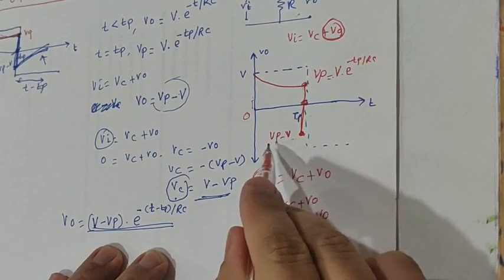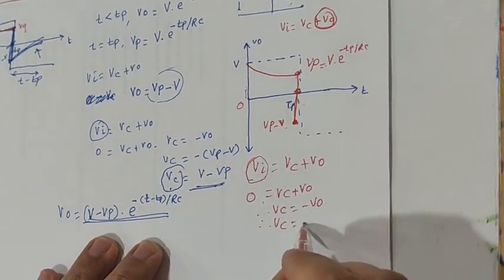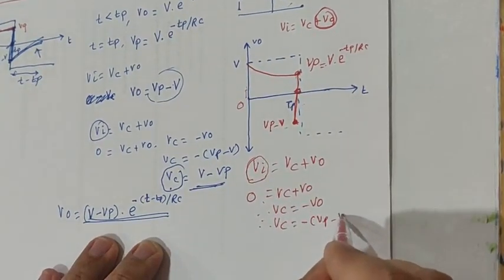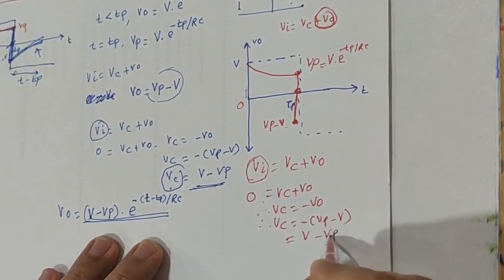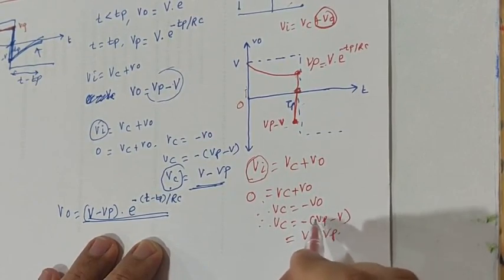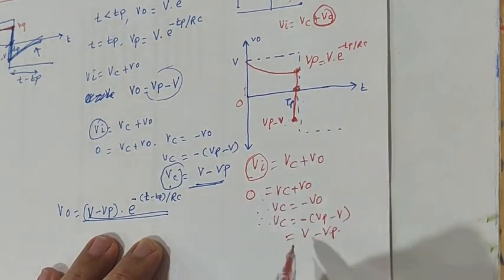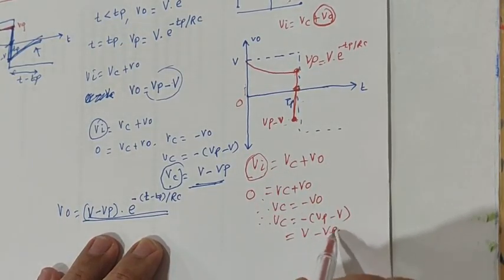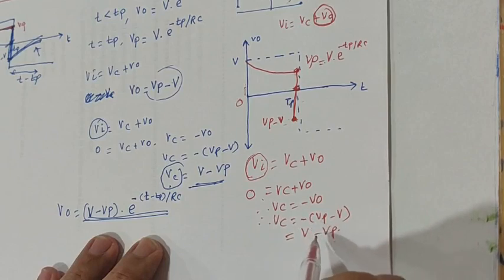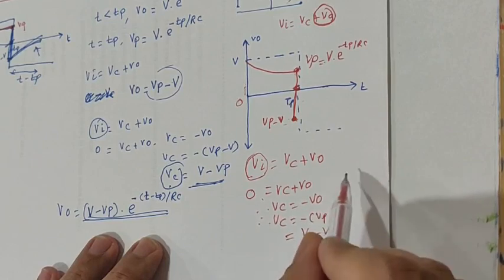The V0 value is Vp minus V here, so I will put it here, minus Vp minus V, that is V minus Vp if I multiply the negative sign in the bracket. So the capacitor's voltage becomes V minus Vp. From this initial value, the voltage of the capacitance is going to discharge now.